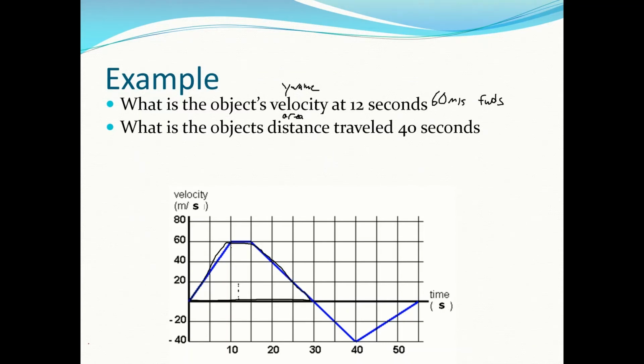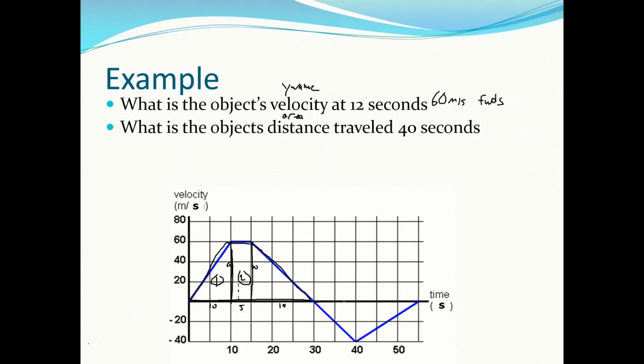So if we want to find that area, we have to break it into chunks. So this is area 1, this is area 2. So now I have a triangle that's 10 by 60. I have a rectangle that's 5 by 60. And then I have another triangle, from 15 to 30, that's 15 by 60 as well.